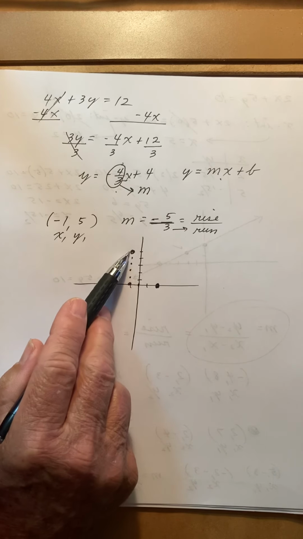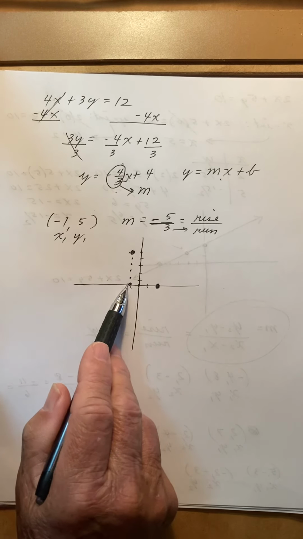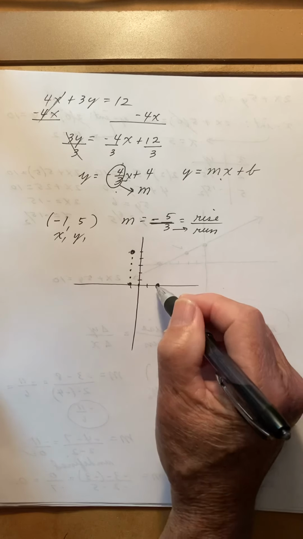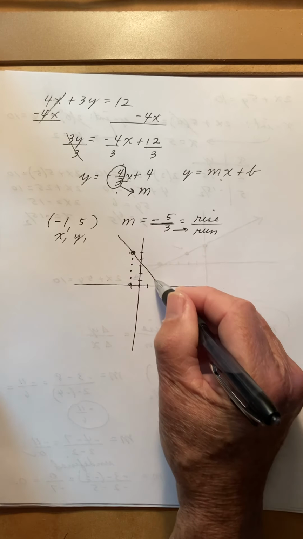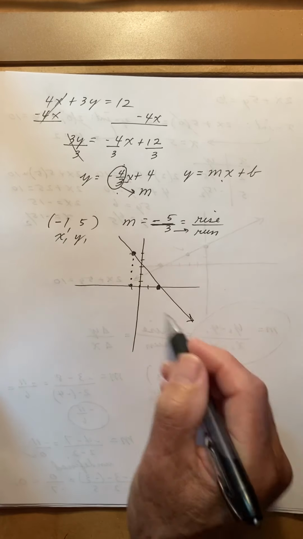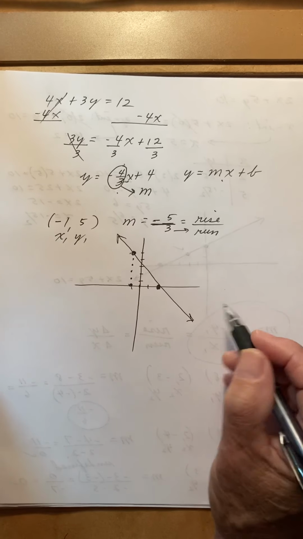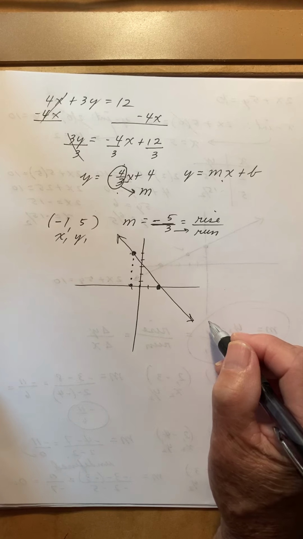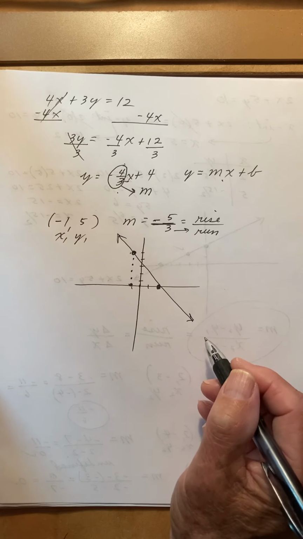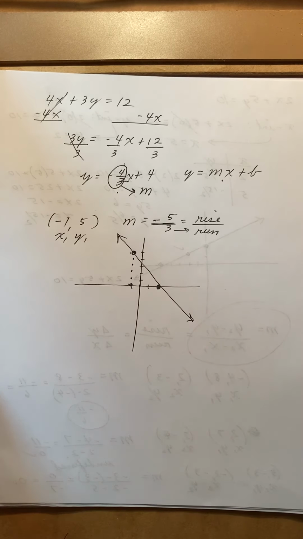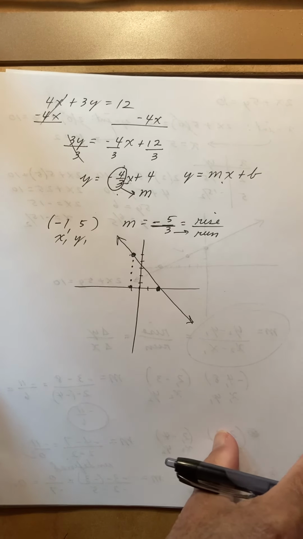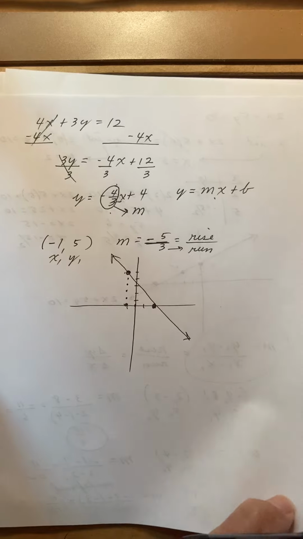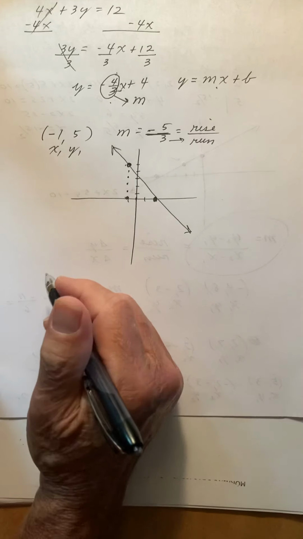So you started here, count down 5, count over 3, and then you connect these 2 points. Fill up your graph with the line, put arrows on each end and label it. Well, we can't really label it because we didn't have an equation. But we have the line there based on a point and its slope.